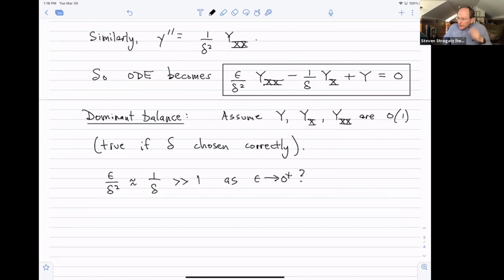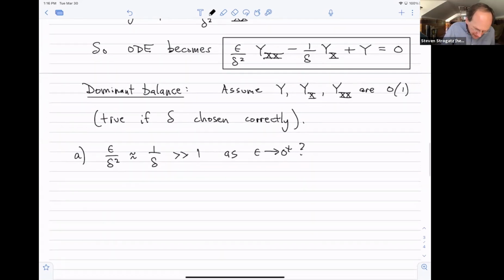That's one possibility. So let's call that possibility A. I mean, could that be the case? So if that were true, well, let's see. As we unwind it, solve for delta in terms of epsilon, you see that this is saying that delta would then be sort of the same order of magnitude as epsilon, and also that delta, both of them would be much less than 1.